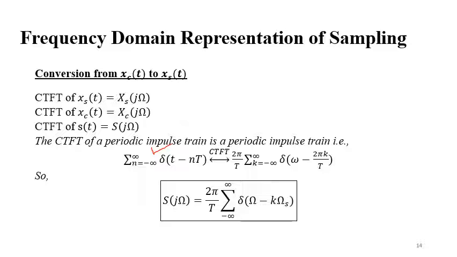To find the Fourier series coefficient, we have a generalized equation: a_k equals 1 over T times the integration from minus T by 2 to T by 2 of x of t e to the power minus j k omega naught t dt.